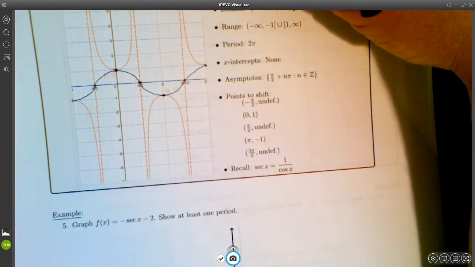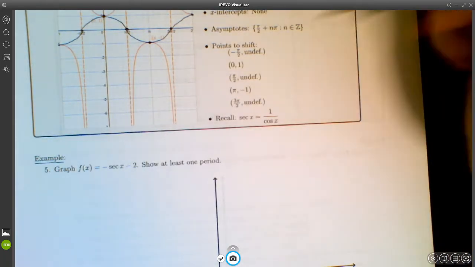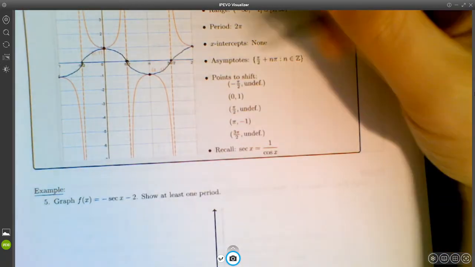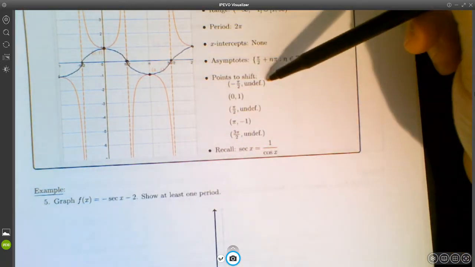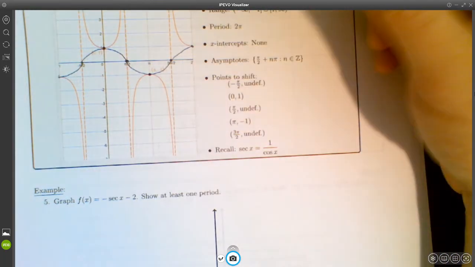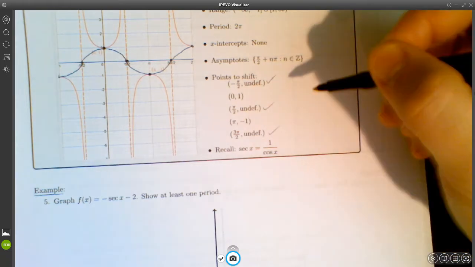Secant is 1 over cosine, cosecant is 1 over sine. I'm just going to show you the transformation idea. You'll notice now that you've got asymptotes at negative pi over 2, at positive pi over 2, and at 3 pi over 2. I want to get those 3 asymptotes on there.